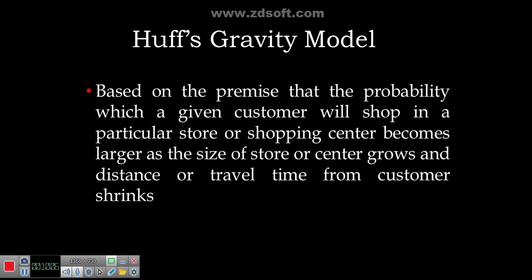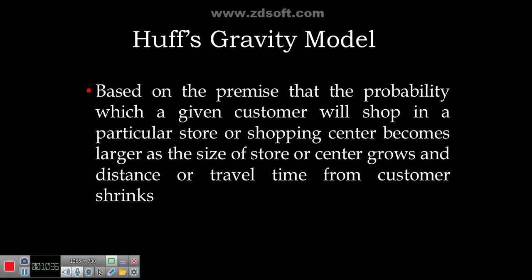The second thing, distance from customer home to store, or from wherever the customer is traveling. The customer prefers to go to the store which is nearby, which is quite logical because it is very convenient. For example, I don't want to go to Hubballi Big Bazaar or Reliance Market to buy my monthly grocery. I prefer to go to the nearest store from where I can buy all my monthly needs.